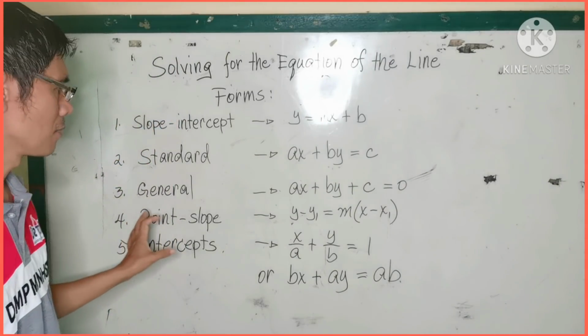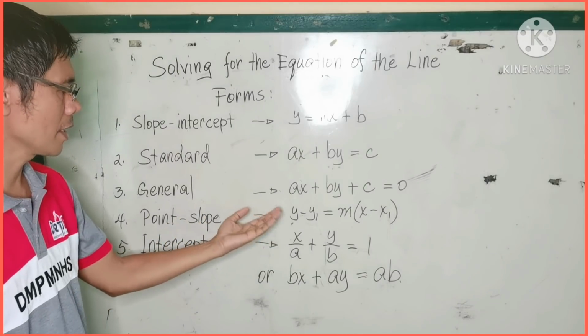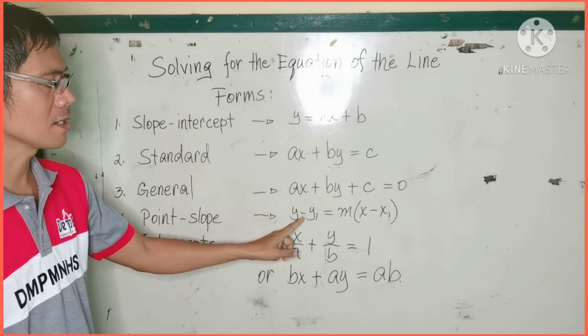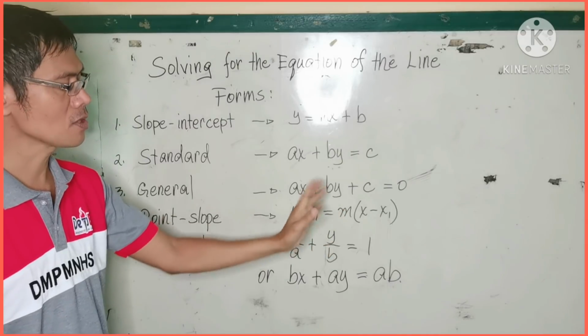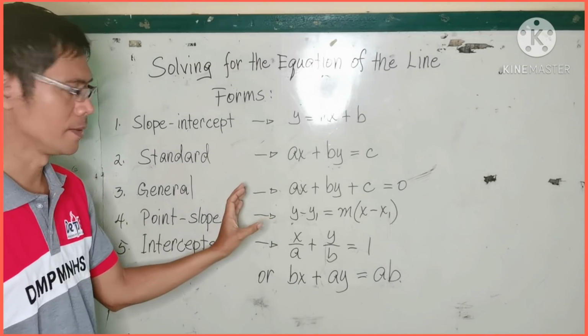Then the point-slope form: y minus y sub 1 equals m times the quantity x minus x sub 1.